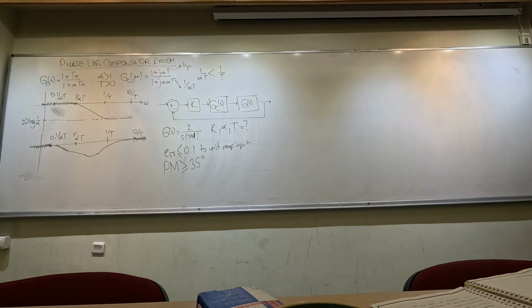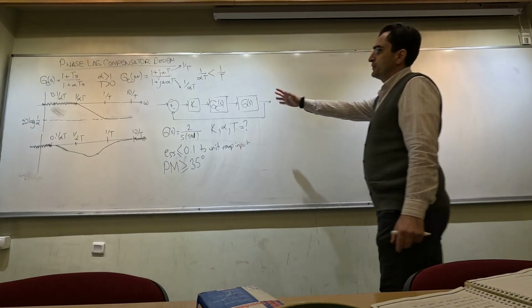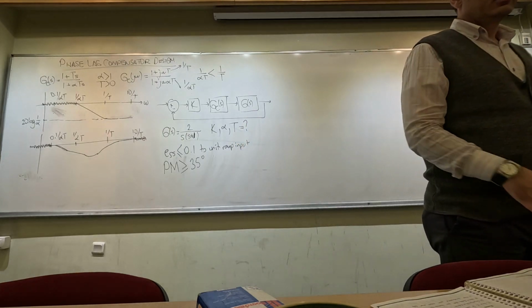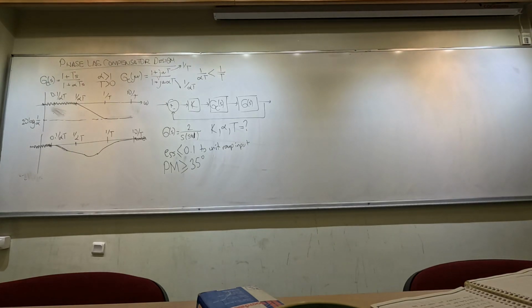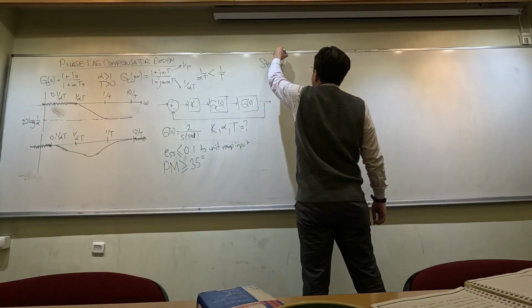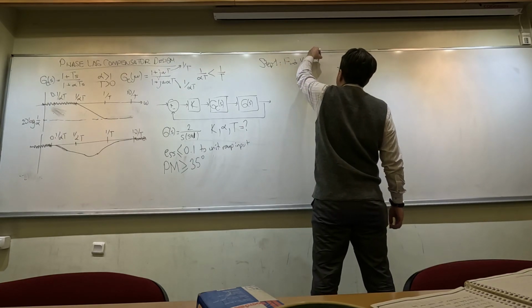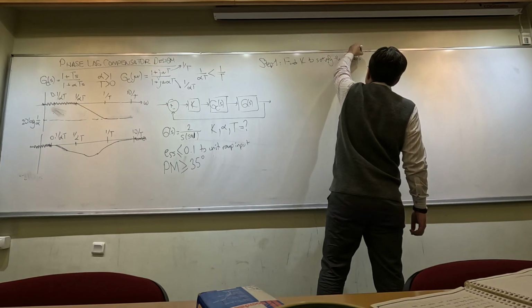Now we are actually ready to go over the steps of the design. Actually, the first 3 steps are going to be the same as phase lead compensator design. Completely the same. But I'm going to repeat it so that you try to see the whole procedure. So step 1. Find K to satisfy the steady state requirement.